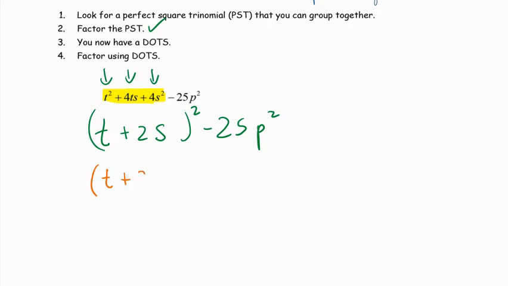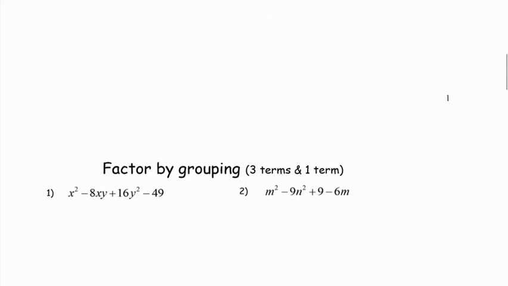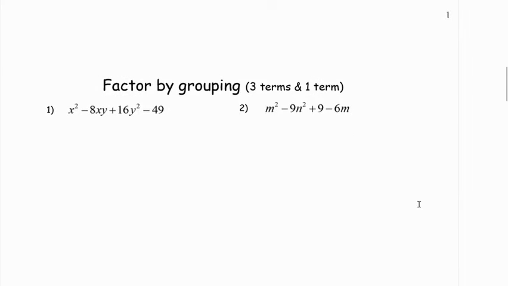So it's going to be t plus 2s plus something, t plus 2s minus something, plus 5p minus 5p. And so that's what we got to do. On example number 1, I have a perfect square trinomial that factors to x minus 4y squared.